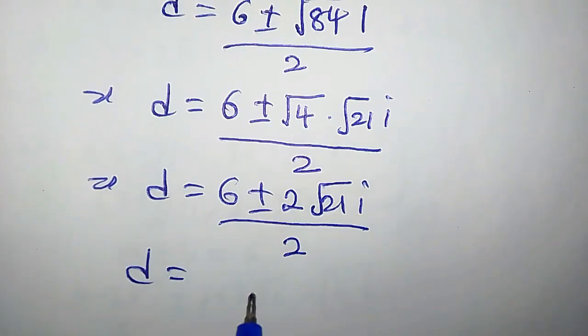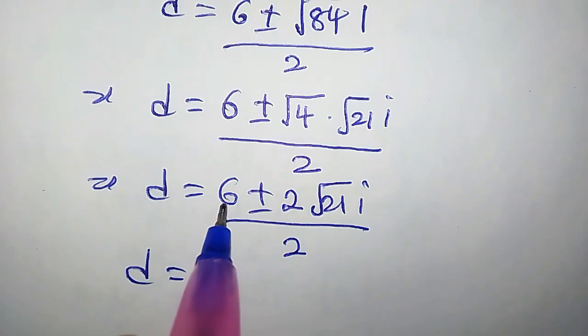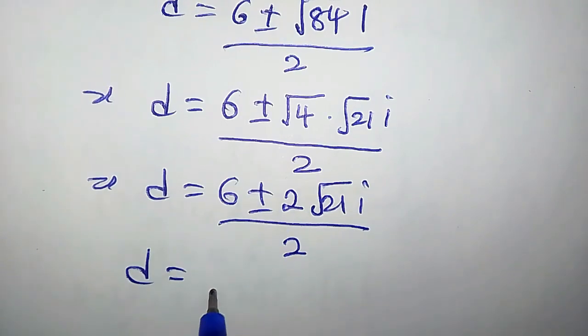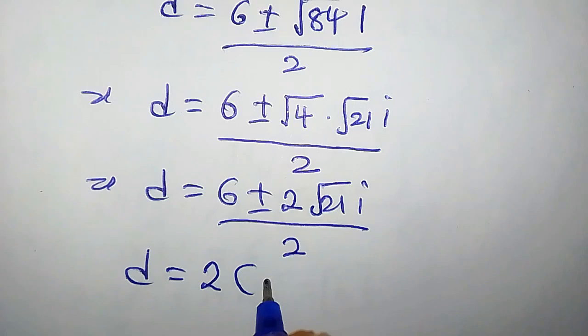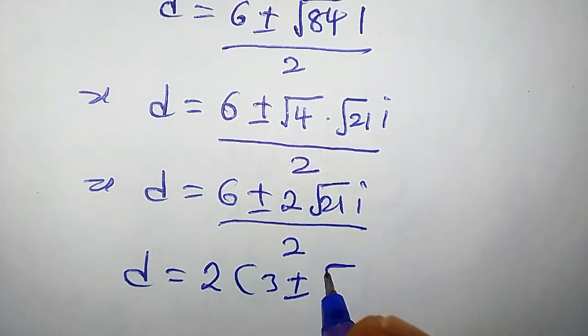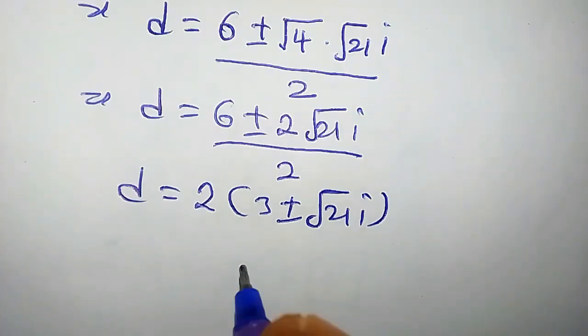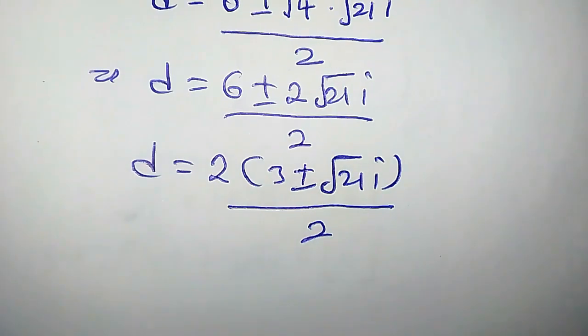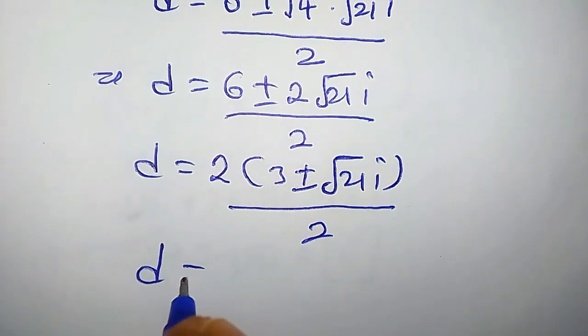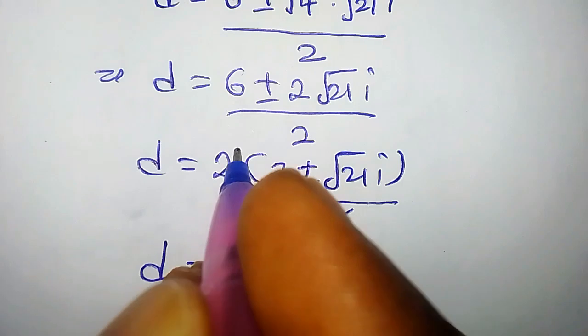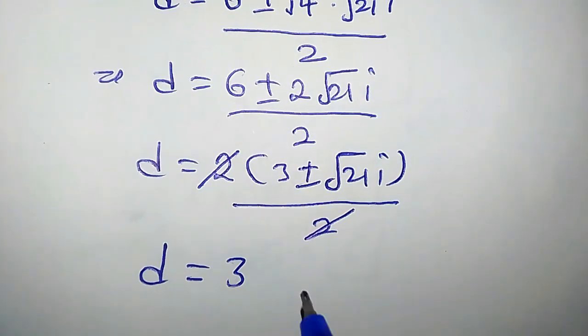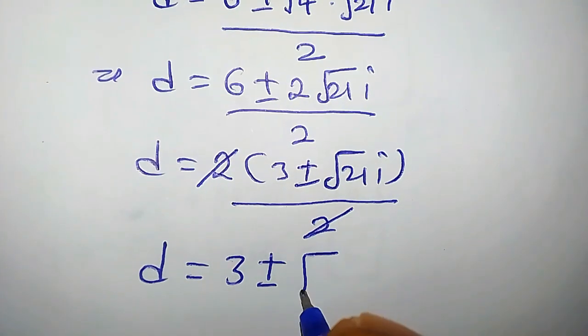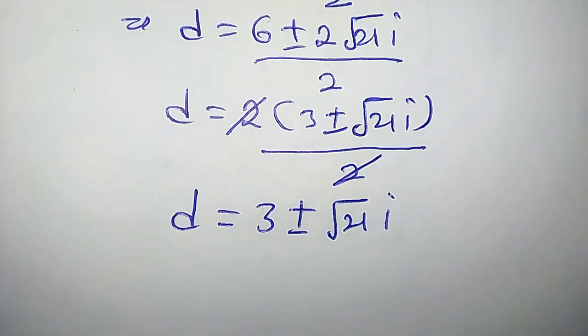You will see that I can factor out 2 from this numerator. So I have 2 into 3 plus or minus the square root of 21 i, all divided by 2. Clearly, the 2 cancels the 2. We are left with 3 plus or minus the square root of 21 i.